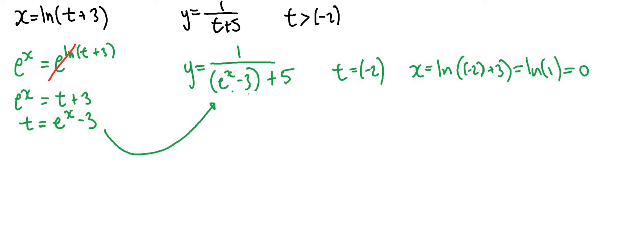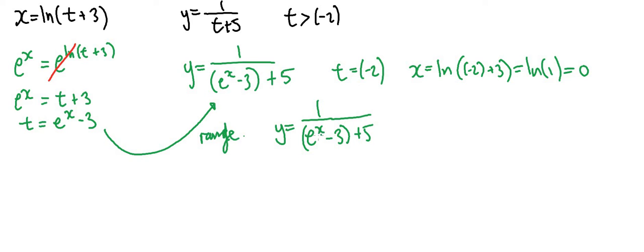Our range is going to be y equals 1 over e to the x minus 3, plus 5.